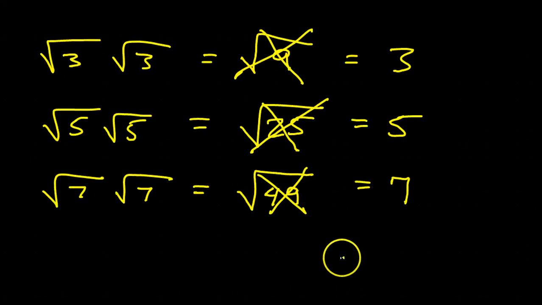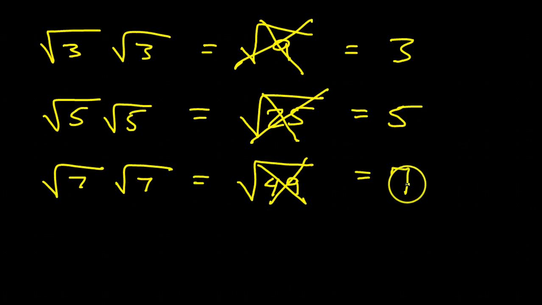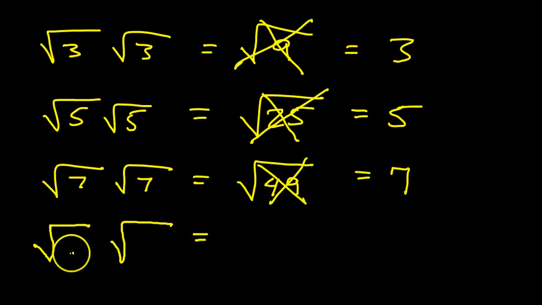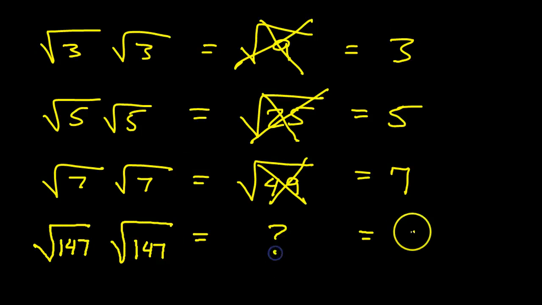Now, the following will test whether or not you have learned the pattern that you need to learn, because I'm going to give you a number that's too big for you to square in your head. Say if I had the square root of 147 times the square root of 147. I don't know what 147 squared is off the top of my head, but I know that the result of multiplying these two together will be 147.